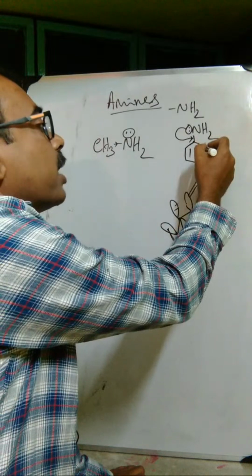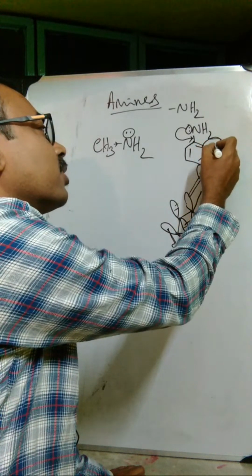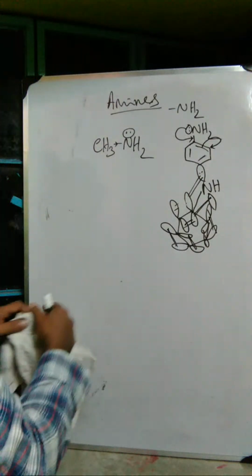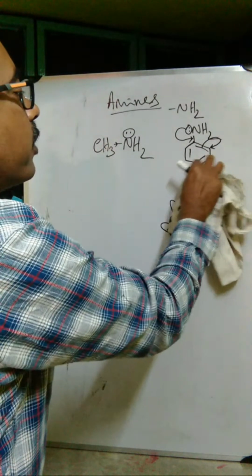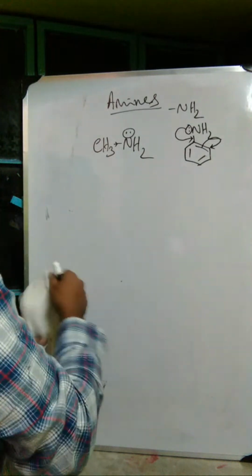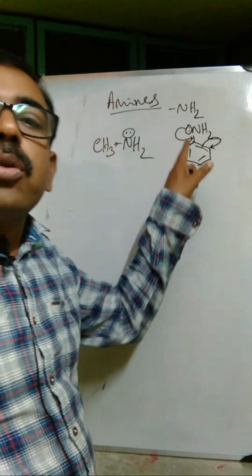So this pi bond has to be broken and will be shifted towards the carbon atom. This is called resonance. The lone pair of nitrogen can easily get delocalized into the benzene ring through this resonance.